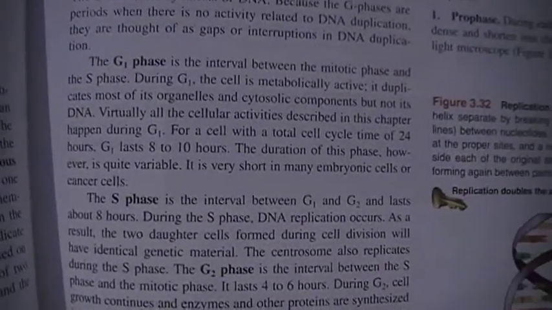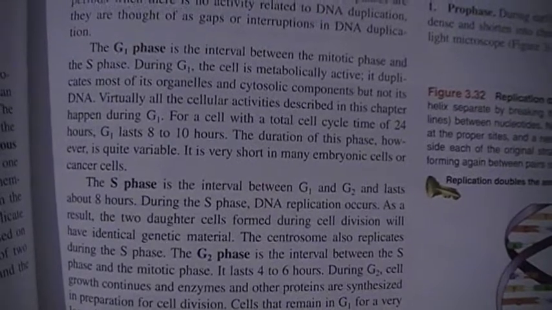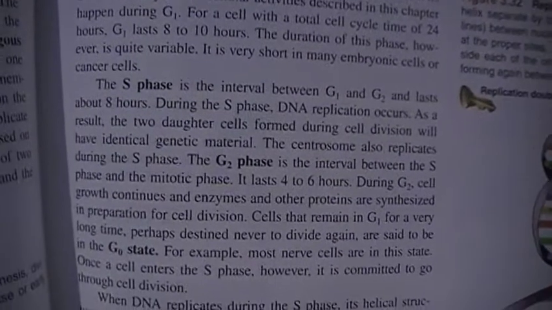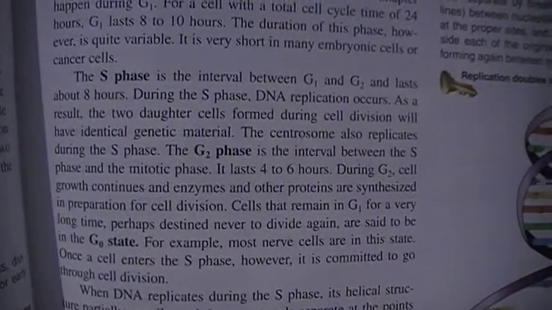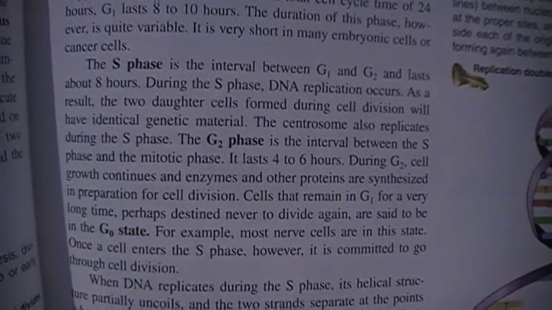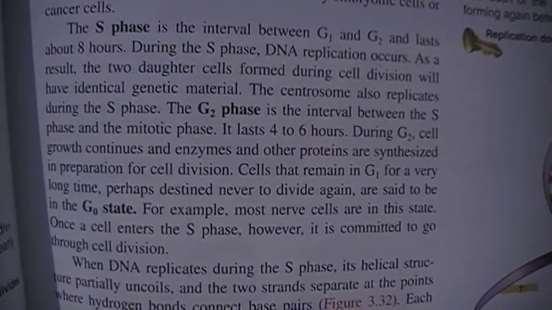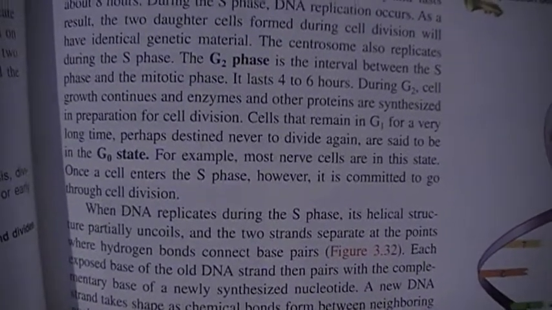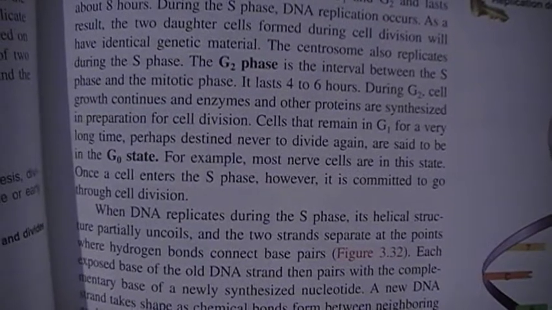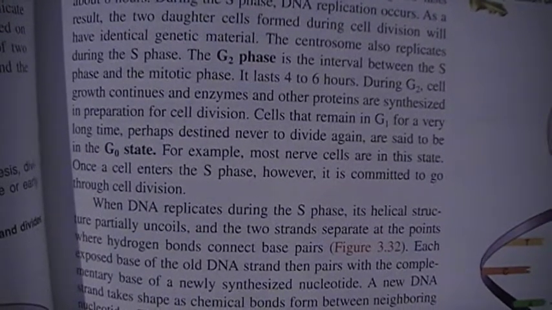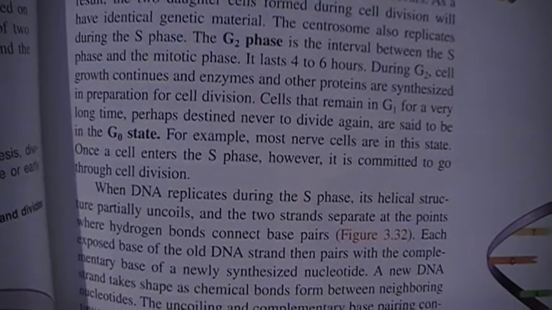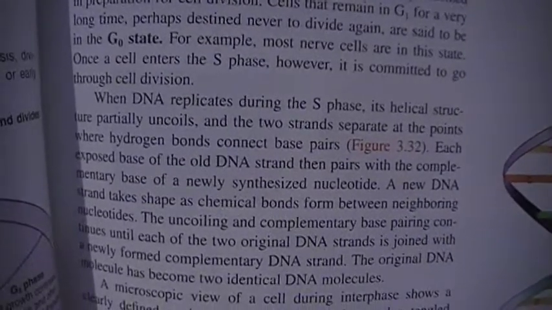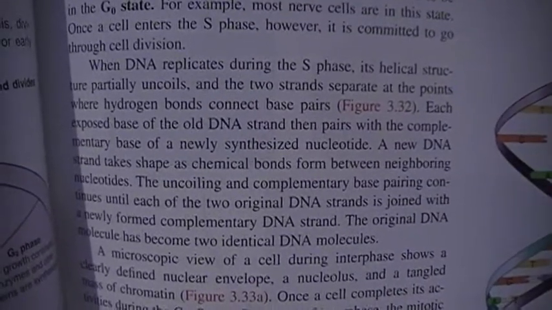Virtually all the cellular activities happen during G1. The S phase is the interval between G1 and G2, the last 8 hours. The G2 phase is the interval between S phase and the mitotic phase. This is where cell growth continues and proteins are synthesized. DNA replicates during the S phase.